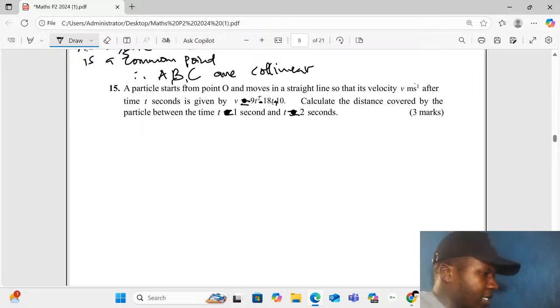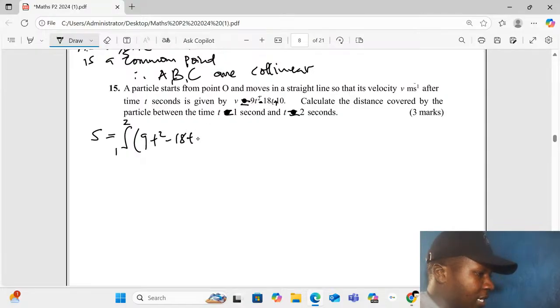In this case, it's simply integration, so we integrate from 1 to 2 the function 9t squared minus 18t plus 10 dt.